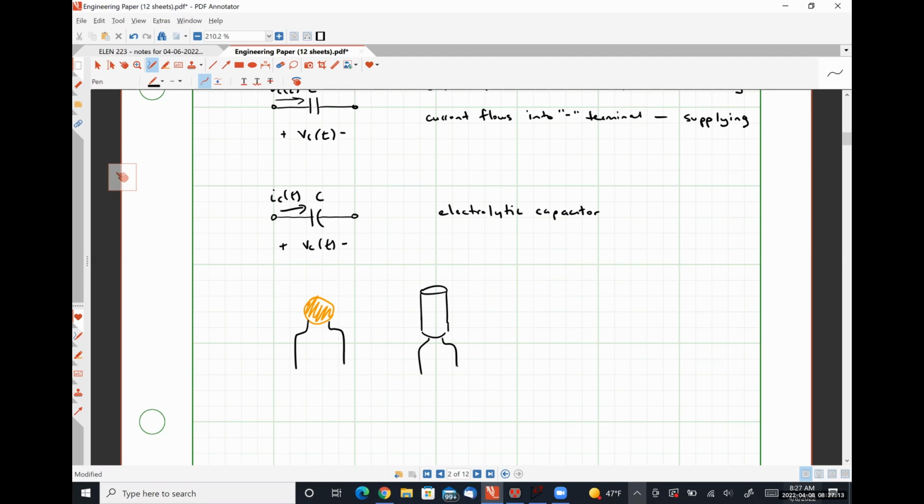There's usually literally a description with that symbol on it, letting you know that it is an electrolytic capacitor. There will be a plus sign associated with the positive polarity terminal and a minus sign associated with the negative polarity terminal, so that you can't accidentally screw it up if you're paying attention. So did that answer your question? Okay.